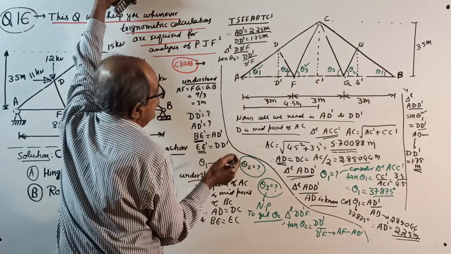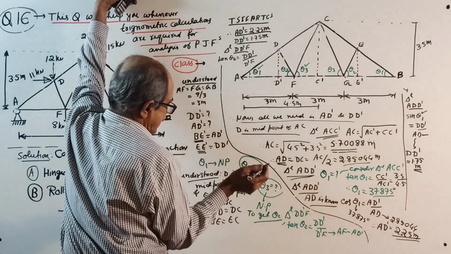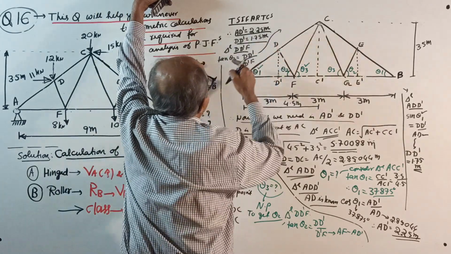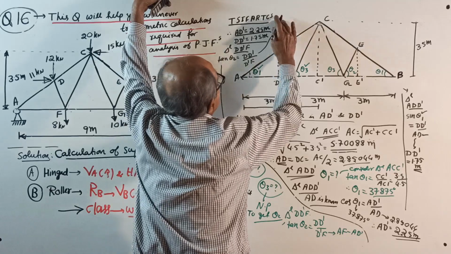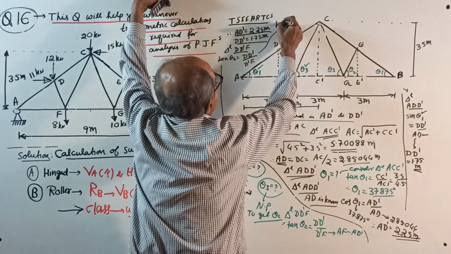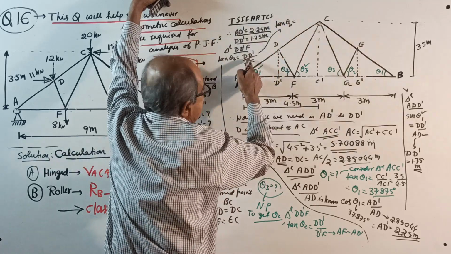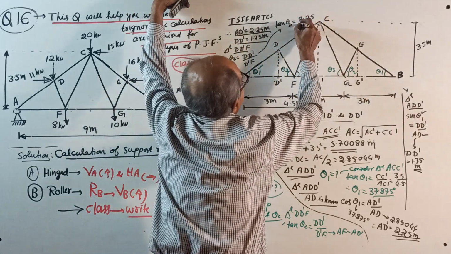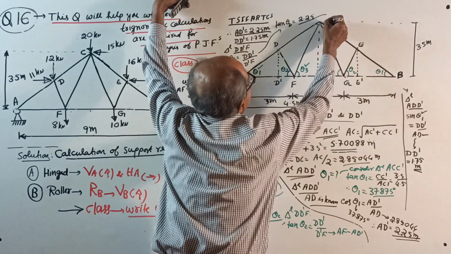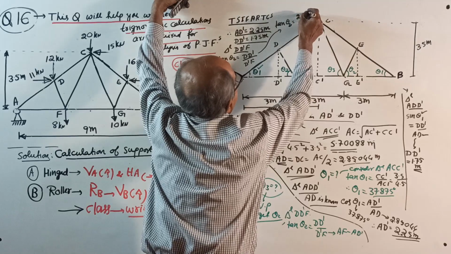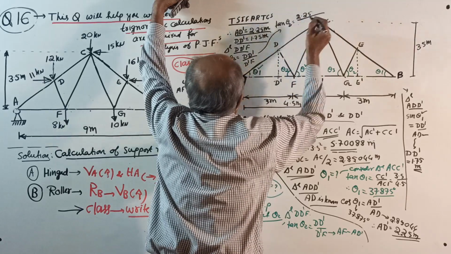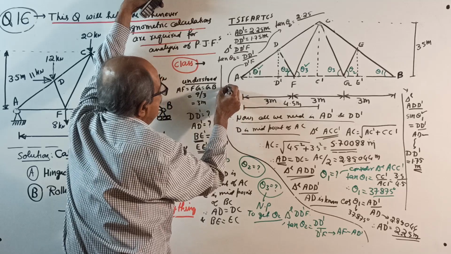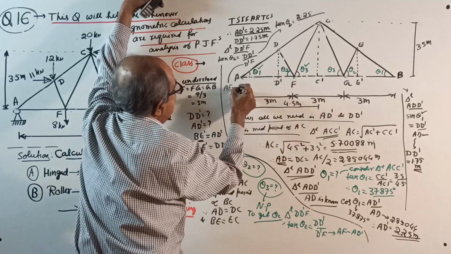Now space is not there, where I can make a note now. If I continue this one, it will become tan theta 2 equal to DD dash, we got 2.25, divided by D dash F, which is AF minus AD dash.